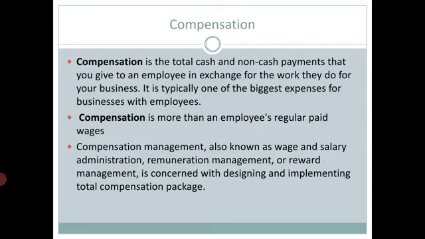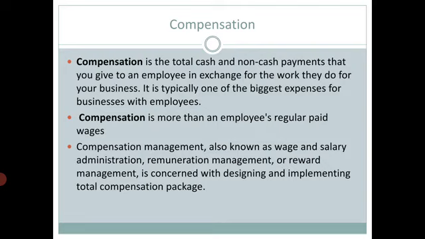Whenever we consider any business or any organization, the expenditure which the employer incurs, the major part is the remuneration which he pays to the employee, which is commonly known as compensation.